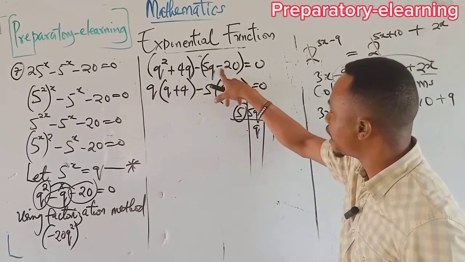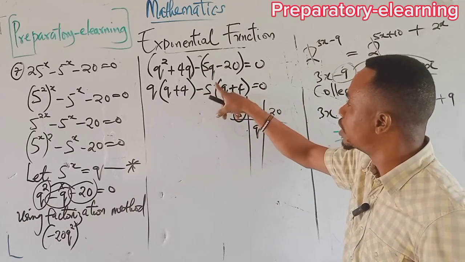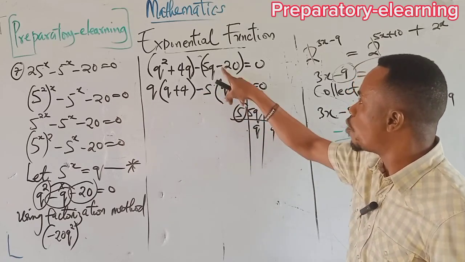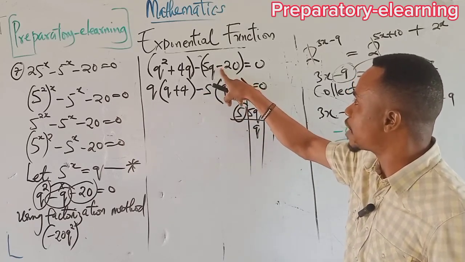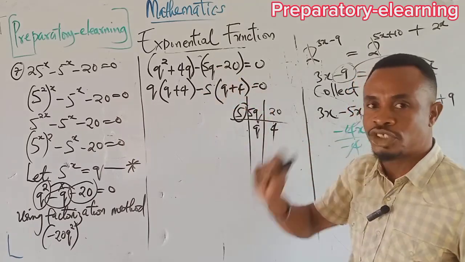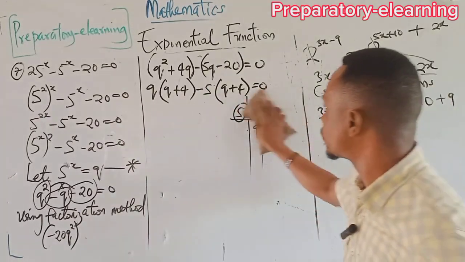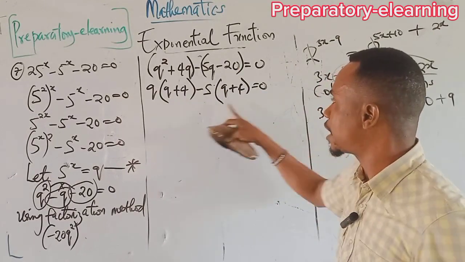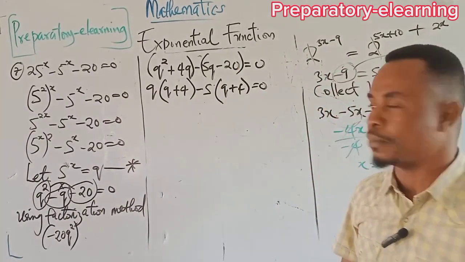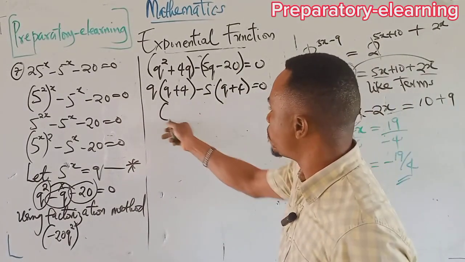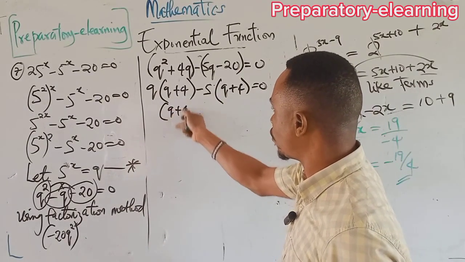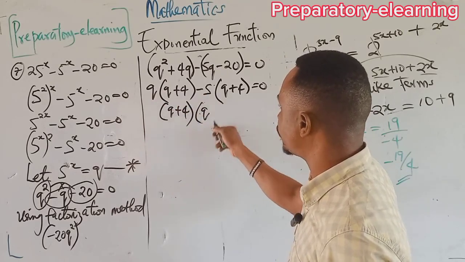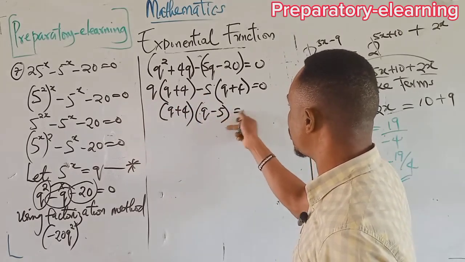Minus times plus is minus. So anytime we have minus coming with the HCF, opening the bracket, whatever sign you have inside this bracket before must change. And for you to know that your solution is correct, the bracket must be the same. To continue from there, we pick one bracket, q plus 4, and pick the other one, the factors outside, the HCF q minus 5 equal to 0.